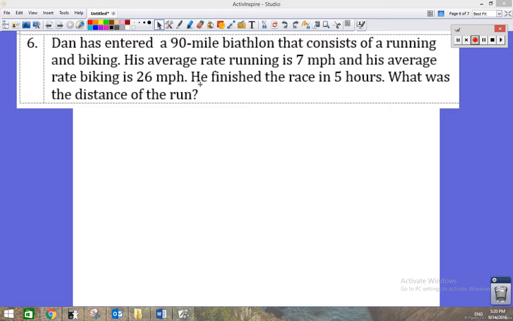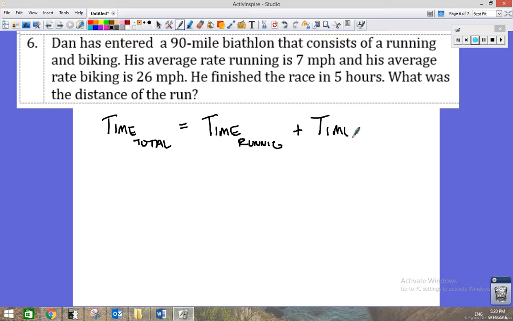We know that he finished the race in 5 hours. So I would break up that total time into the length of time that he was running plus the length of time that he was biking.